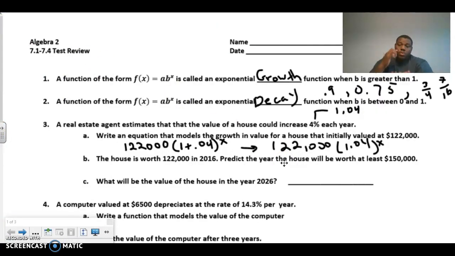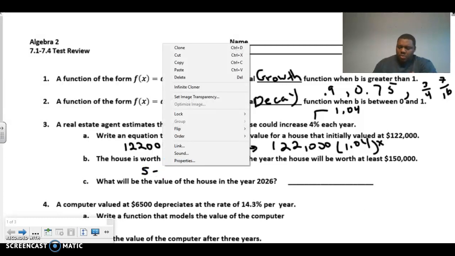So I go back to our notes. It says predict the year when the house will be worth $150,000. So we're going to say between 5 and 6 years. Wait, no, we're not.